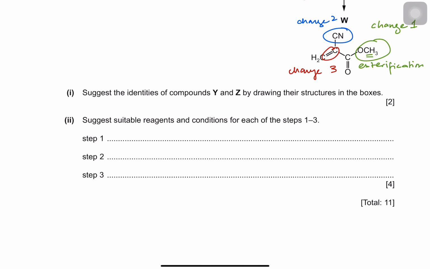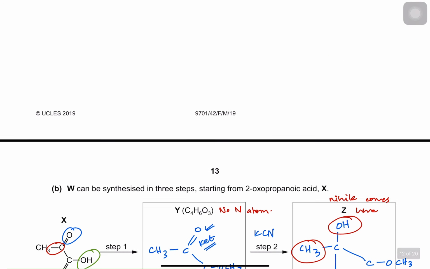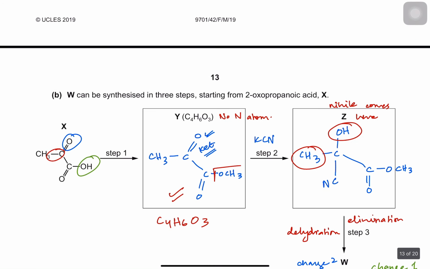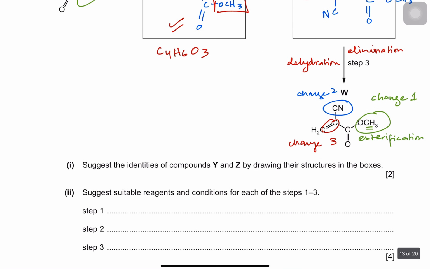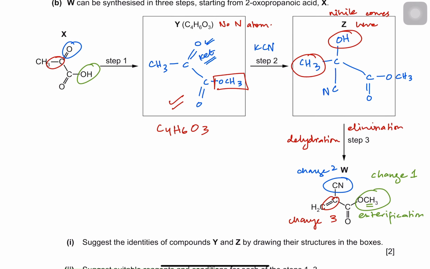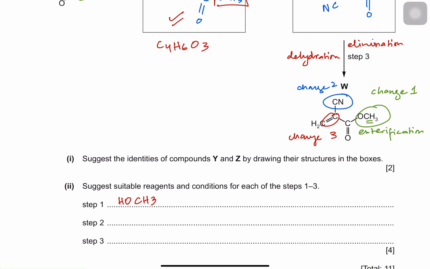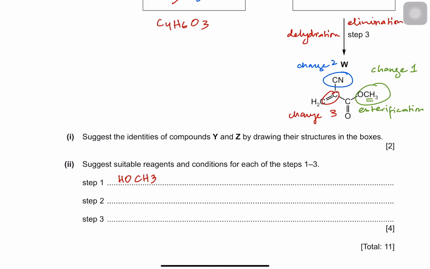Suggest the identities of the compounds. We have done it. Suitable reagents. In the very first step, if you are making an ester with this, you need methanol, because you are reacting methanol to add the OCH3 group, and the condition would be concentrated sulfuric acid.